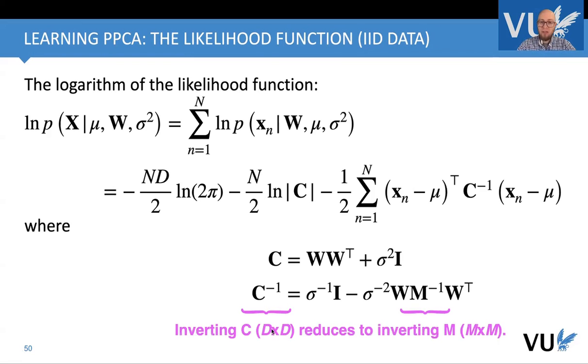Because inverting C now reduces to inverting M, which is simply smaller. So if we want to calculate these inversions, it will be easier. Complexity will be lower because we will just invert a smaller matrix. All right.